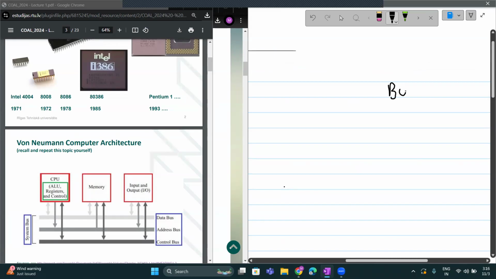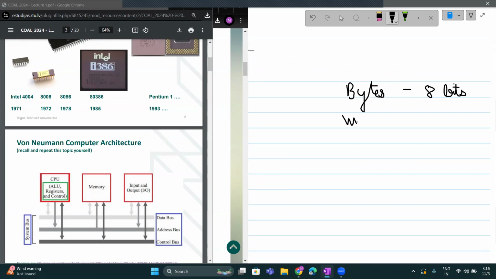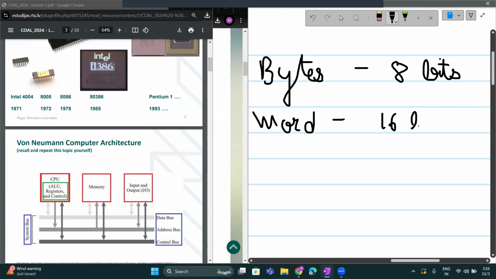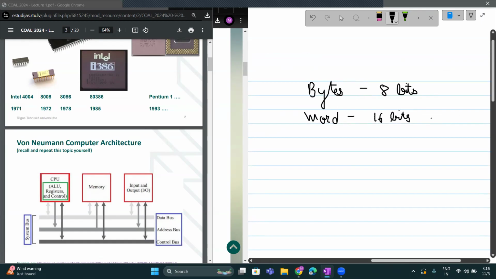So we learned bytes. So what is a byte? It has 8 bits. And what is a word? It has 16 bits, or you can say 2 bytes.